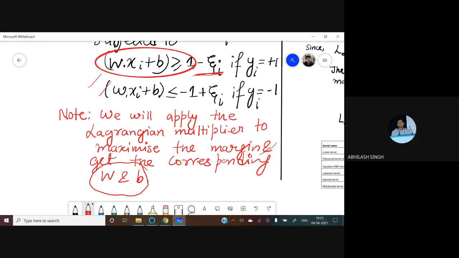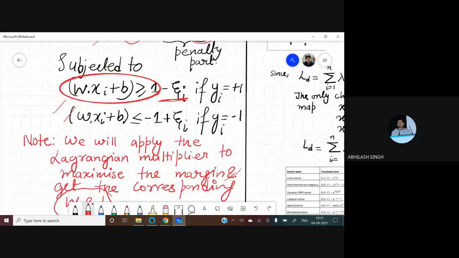Once you get the W and B, just use the simple equation I've already told you: if W dot X plus B is greater than 0, then it belongs to the positive class, and otherwise it belongs to the other class. This method we generally use when the number of data points that violate the linearly separable principle is very small, but that is not possible in the real scenario.